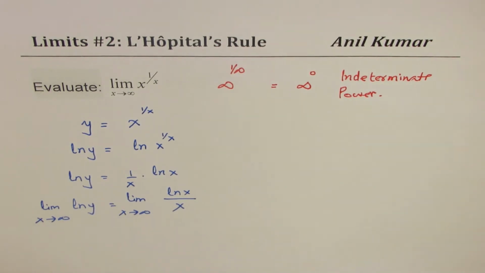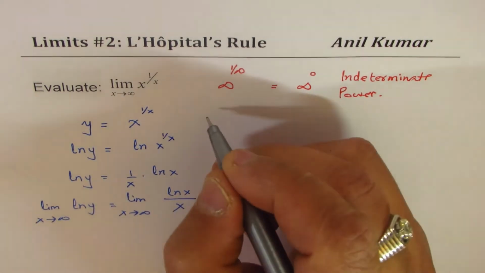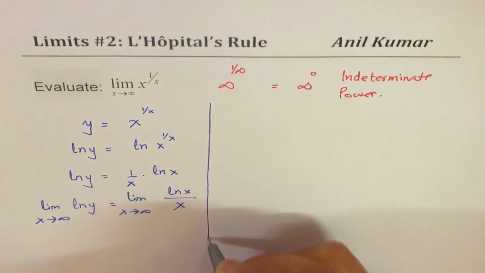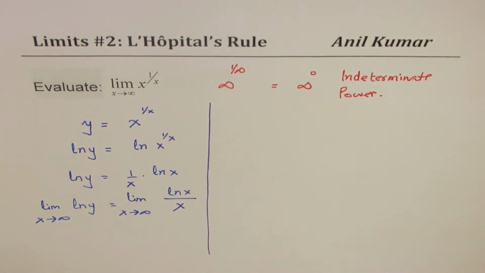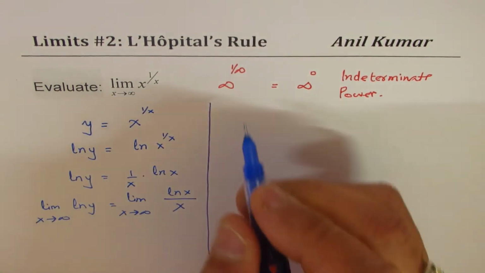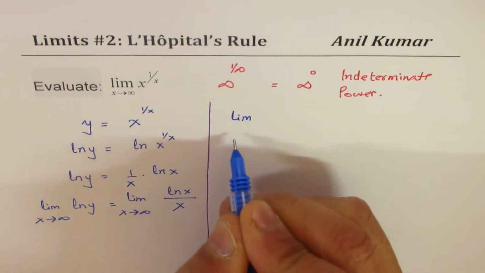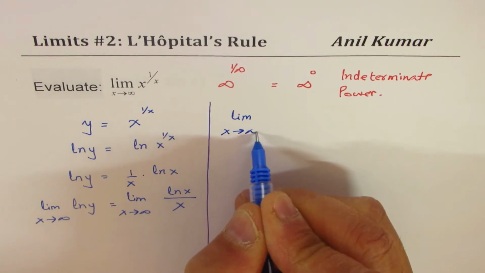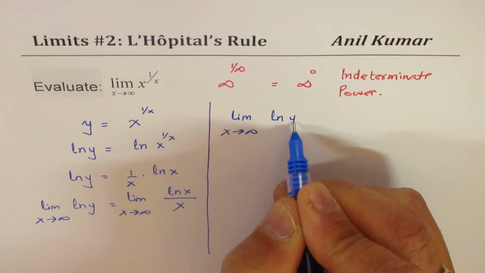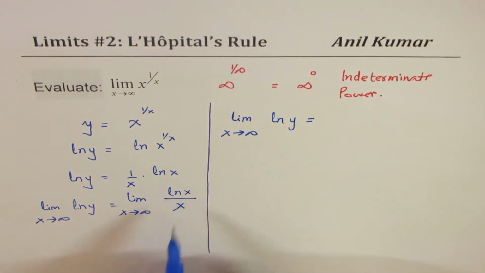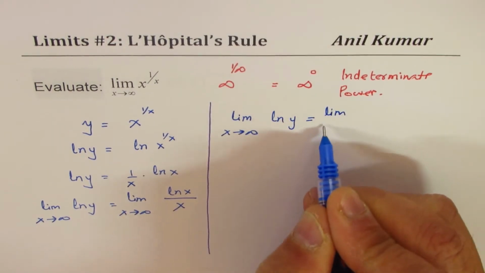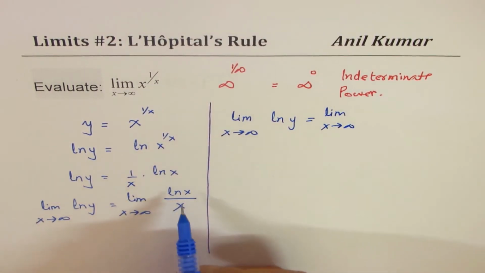So applying the rule, what do we get? We can write this as limit x approaches infinity for ln y is equal to limit x approaches infinity.